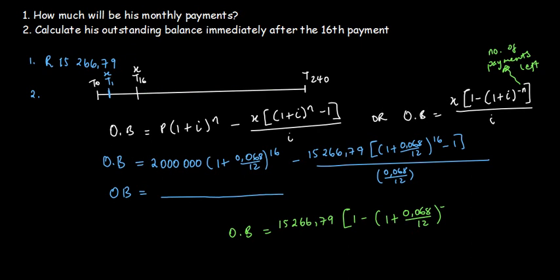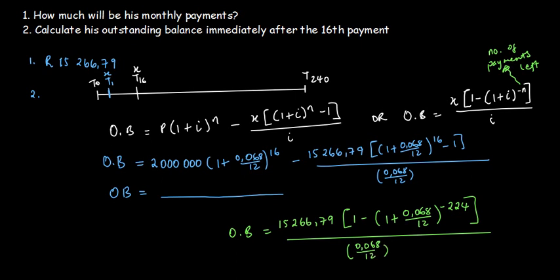You would get it by saying 240 minus 16. Then you get how many payments are left. So I think it should give you 224. You divide that by 0.068 divided by 12.